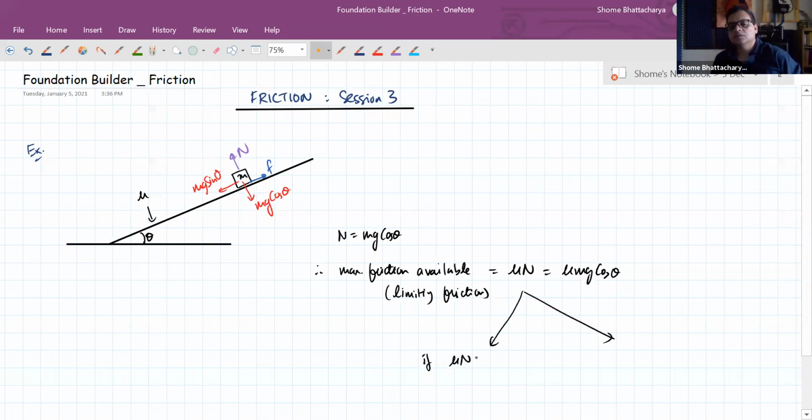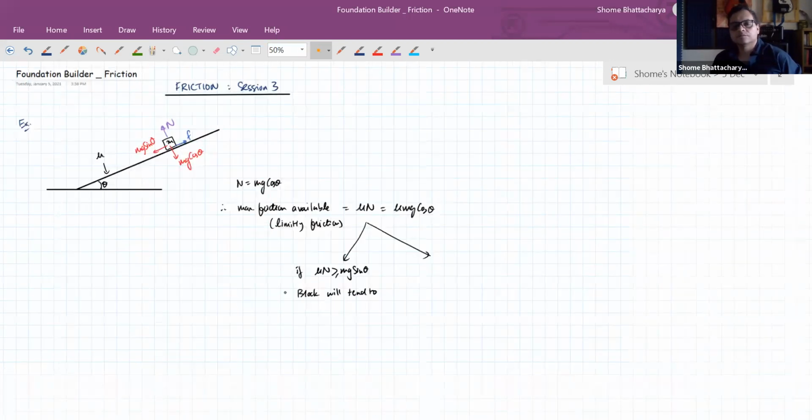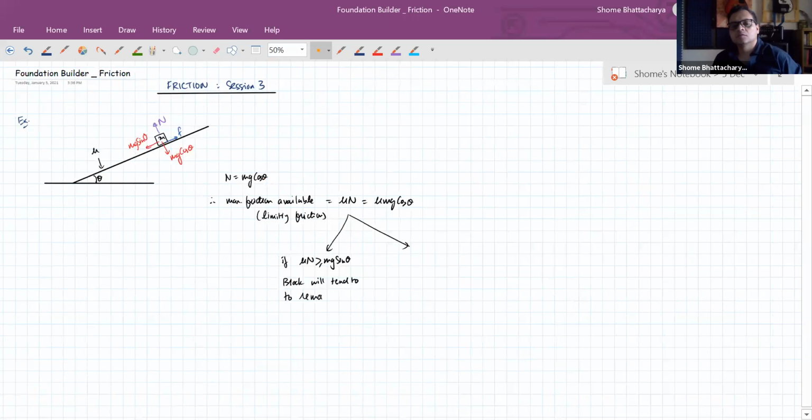If mu n is greater than or equal to mg sin theta, then the block will tend to remain at rest when placed.